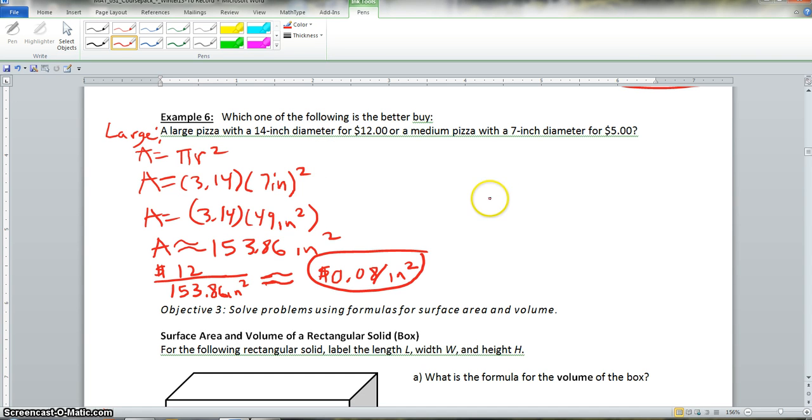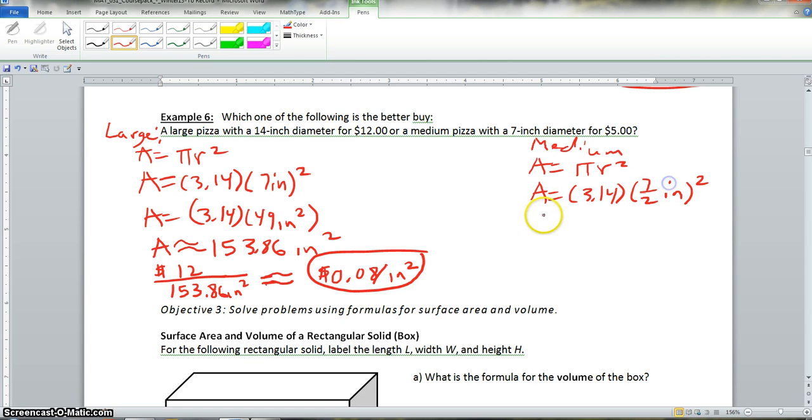Now we want to look at the medium pizza. Now the medium, we still will use area, which is pi radius squared, and the pi is still 3.14 as the approximation, and the radius is half of 7, which will give us 7/2 inches, and that's squared.